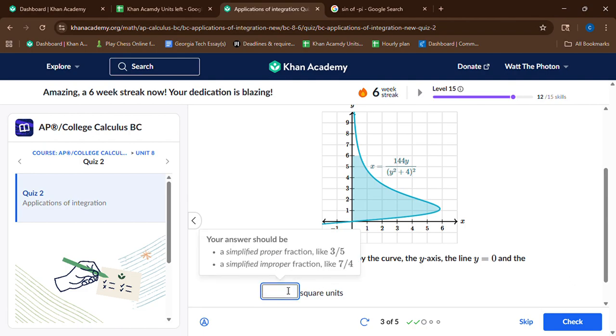Let's see, we get 18 minus 72 over 40. Really want an improper fraction. Something like that.